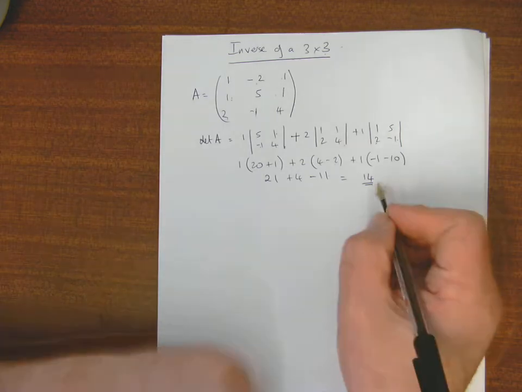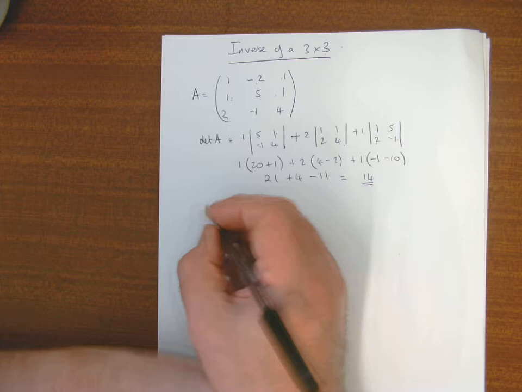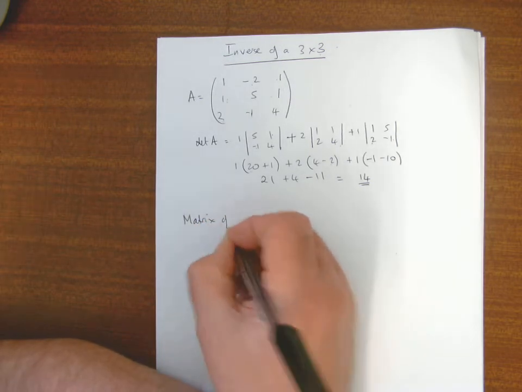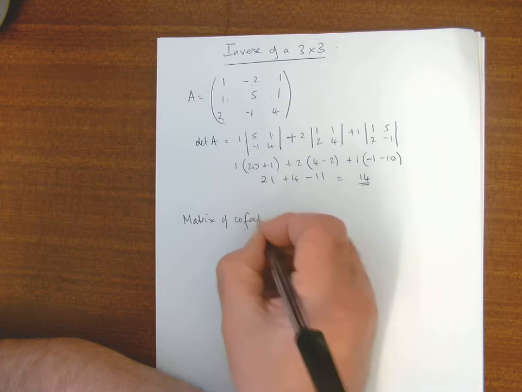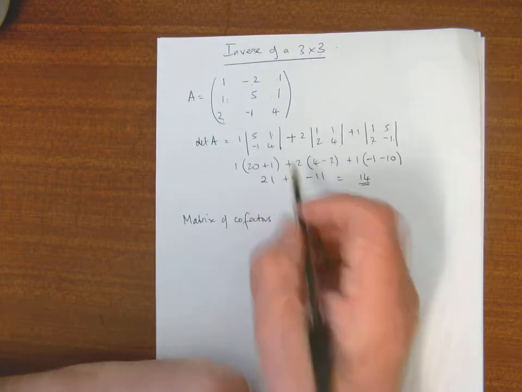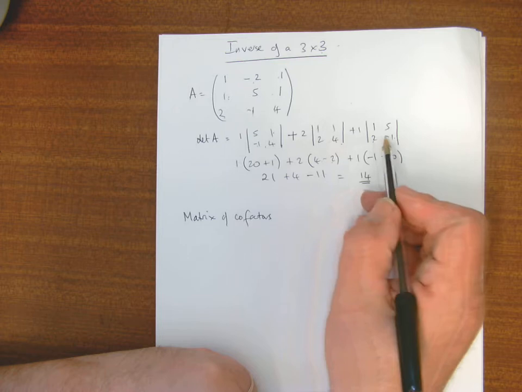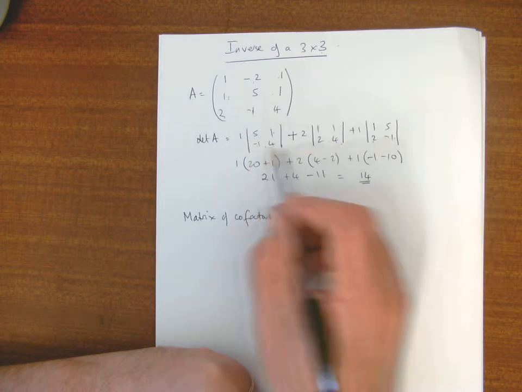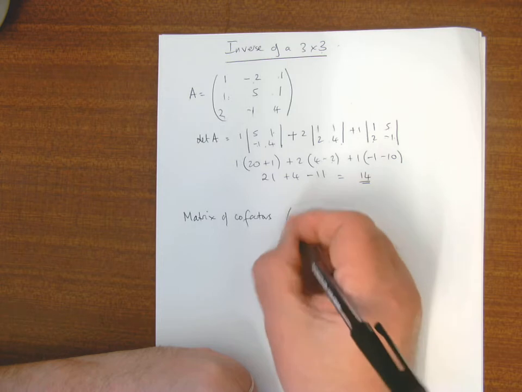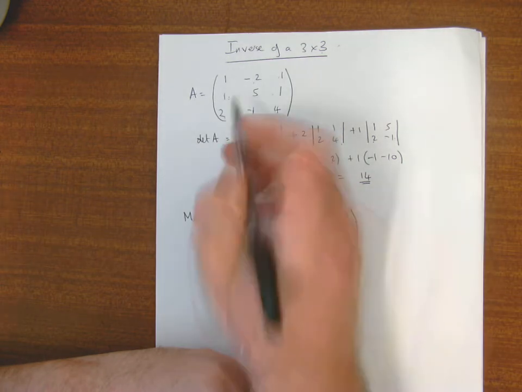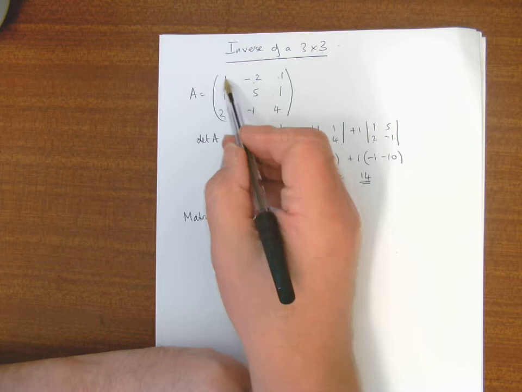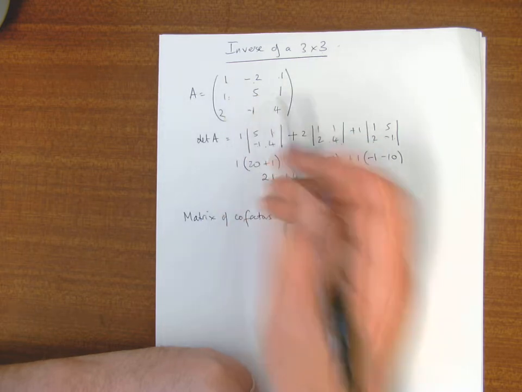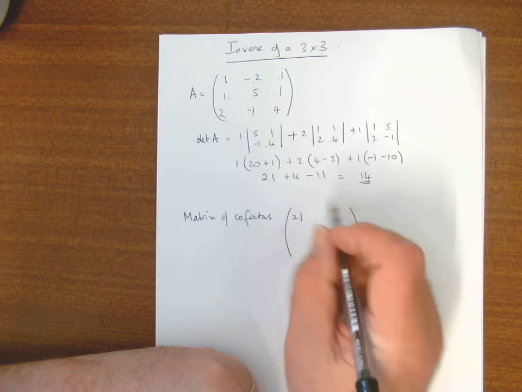Now then, to find the inverse, the first job is to find what we call the matrix of cofactors. In effect, these are what I've worked out in order to calculate the determinant. These are what we call the cofactors. So to put the entry in there, block out that row, block out that column, and then it's 20 minus 1, which is 21.